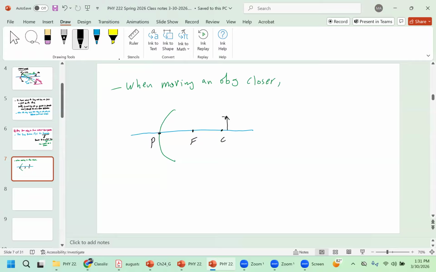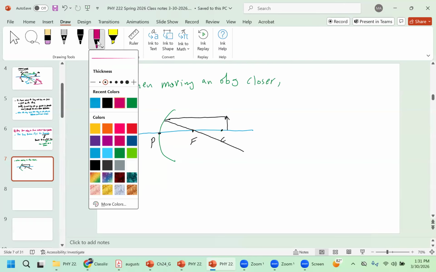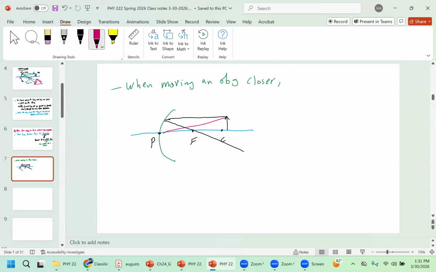So if you get the object over here, what's going to happen? We said it's going to go through the focus or through the pole. Ah, I don't know why I drew it so small. You know what? I'm just going to draw the whole thing again, a little bigger. This is too small.